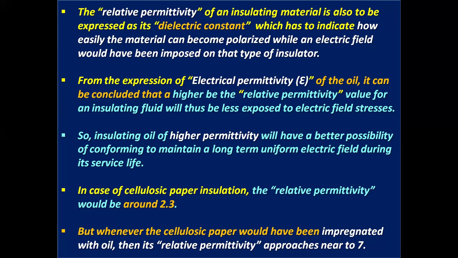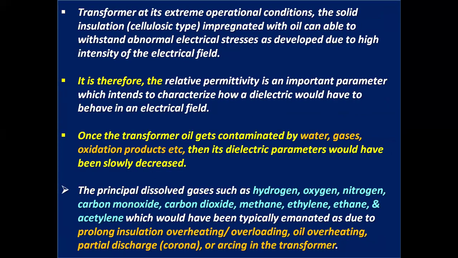In case of cellulosic paper insulation, the relative permittivity would be around 2.3. But whenever the cellulosic paper is impregnated with oil, its relative permittivity approaches 7.